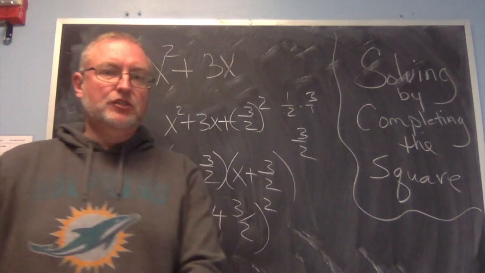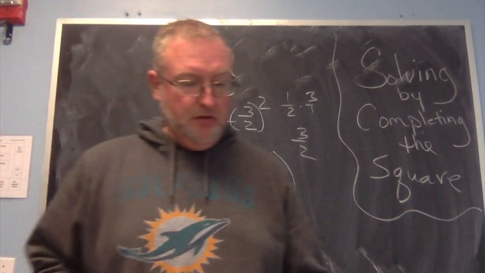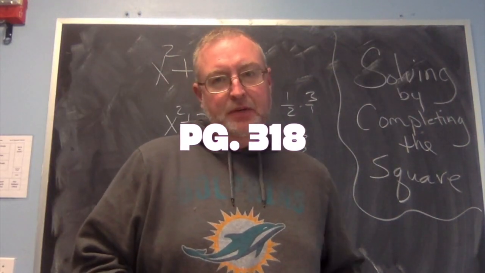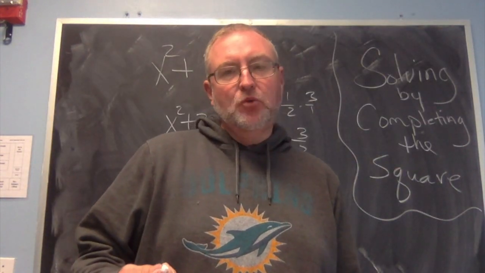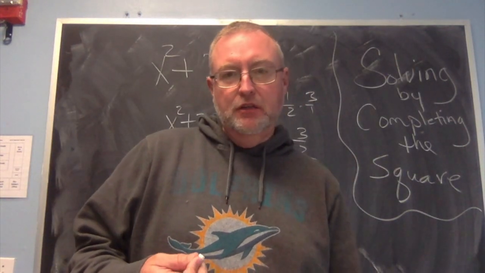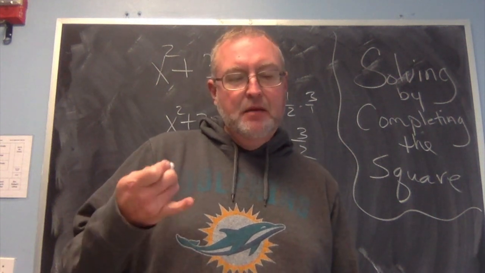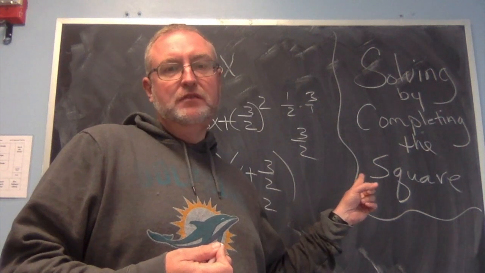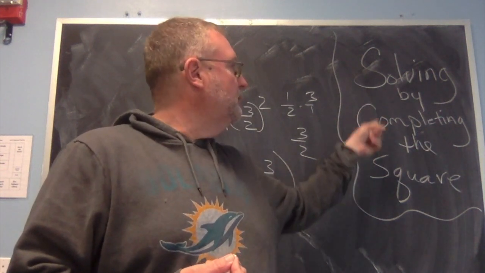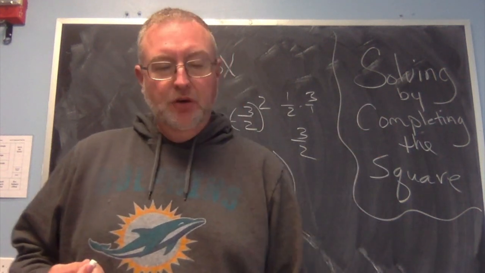We completed the square. Now, if you want to turn over to page 318, we're going to take this one step further, and we're going to solve the equation by completing the square. Solve by completing the square. All right, so that's what we're going to do now.